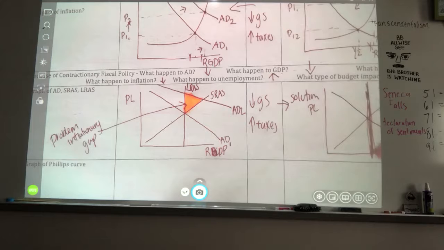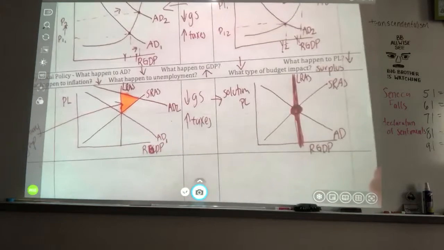The effects of the policies is that everything will go back to equilibrium.